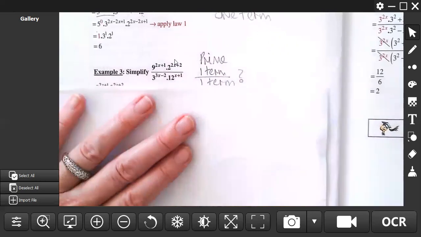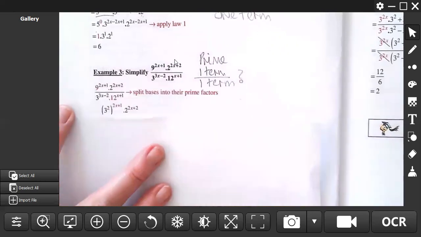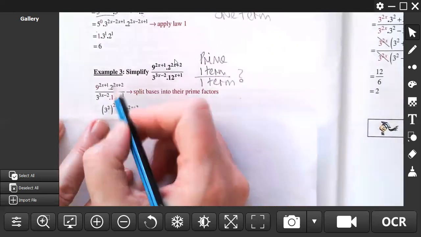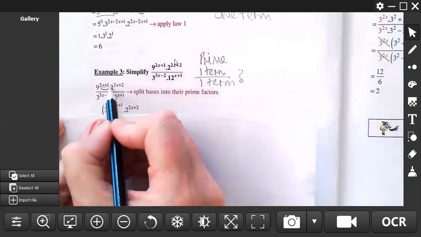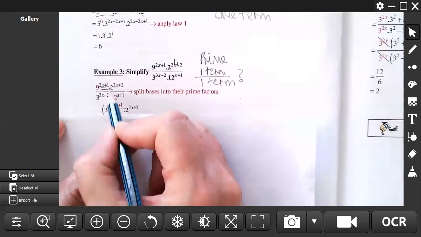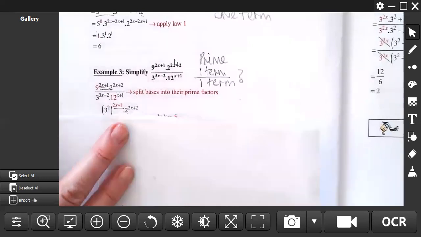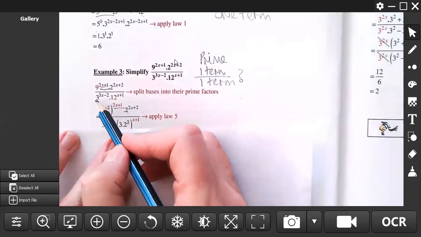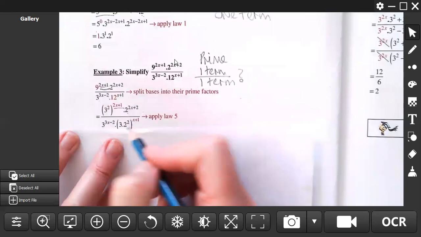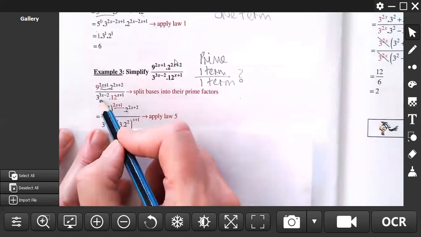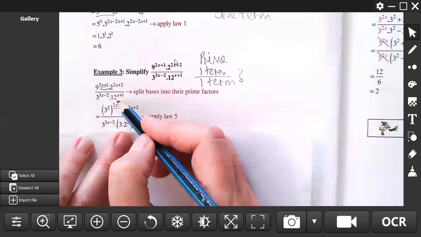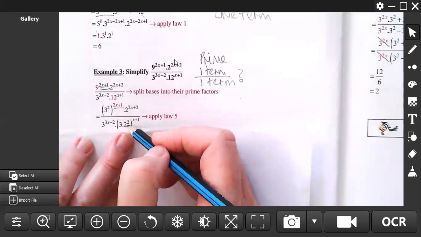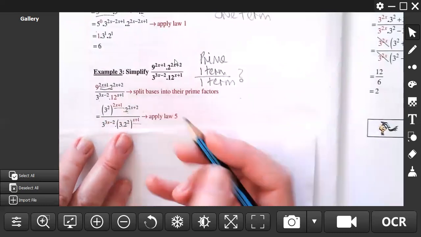So firstly, prime factors. 3 squared to the power of 2x plus 1, 2 to the power of 2x plus 2. Here, the denominator, 3 to the power of 3x minus 2, that stays because the 3 is already a prime number. 12, the prime factors of 12 is 3 times 2 squared, to the power of x plus 1.